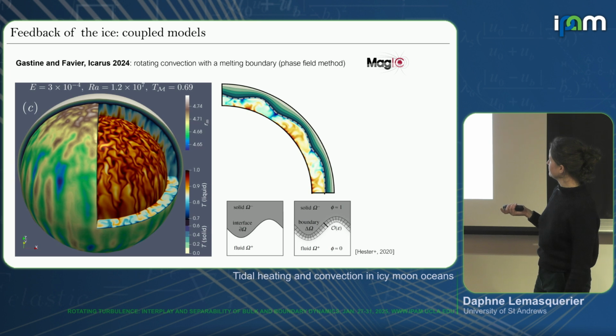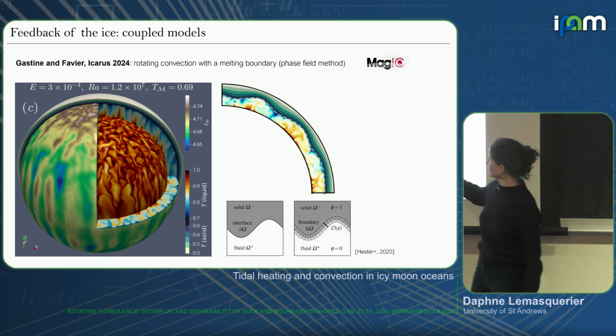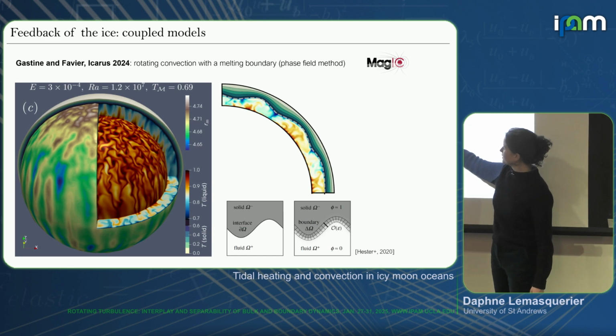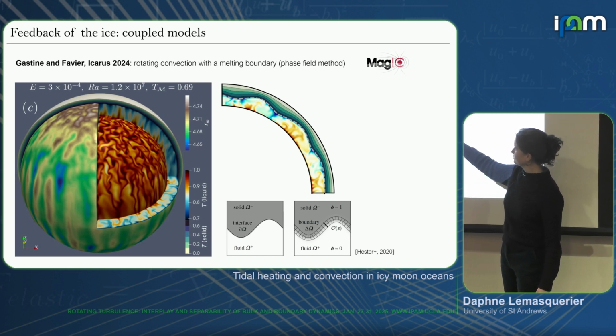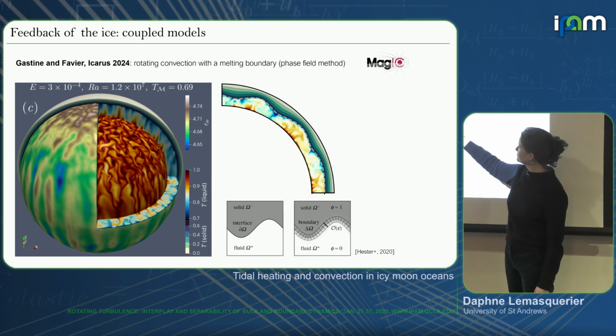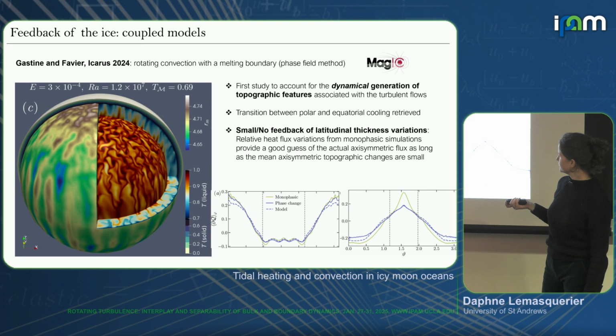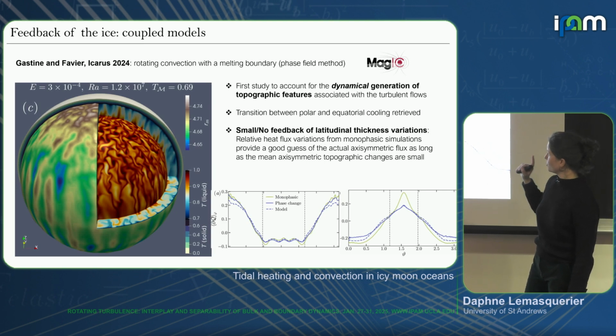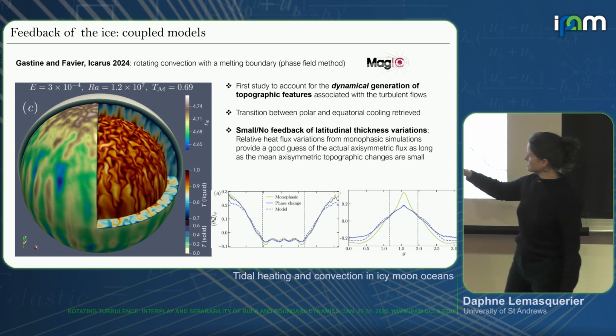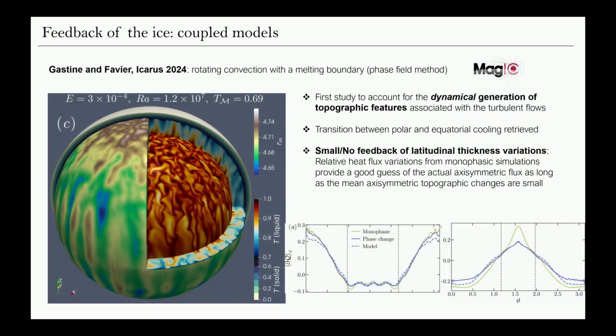I wanted to describe a little bit the study that Krista mentioned yesterday, which is the first study where they actually couple the ocean dynamics with the dynamic ice formation using a phase field model. I'm just going to go straight to the conclusions. One important point from their study is that the topography of the ice doesn't seem to have a strong effect in terms of the latitudinal variations of the heat flux.